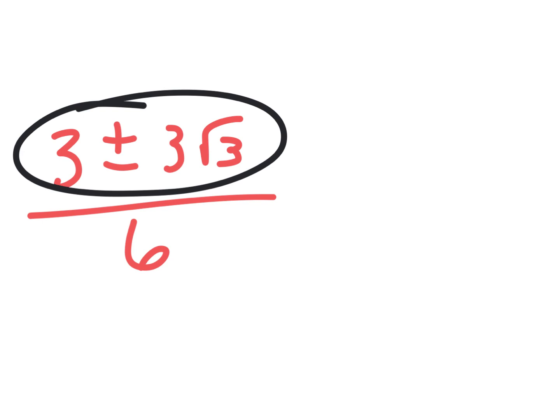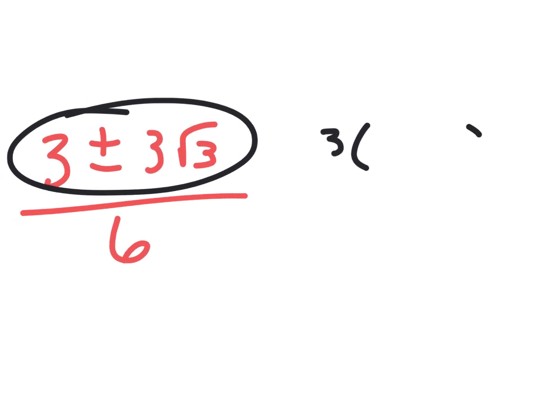You want a chance on the ACT? Gotta know this one too. 3 factors out. Can you do it? I know everybody can make this 6 into 3 times 2. But can you factor the top? That's the hard part. What do you think we put in the parentheses? I'll give you this hint.